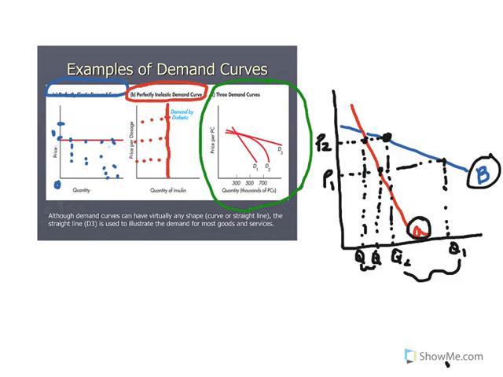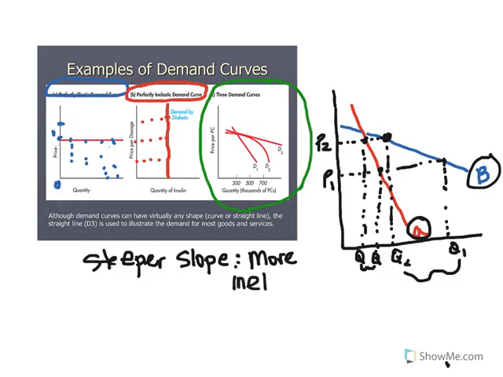So again, just looking at the slope tells us relatively how elastic or inelastic the demand for a good is. If I said, comparing the demand for good A to demand for good B, which one has more elastic demand, you would say good B, because consumers were more responsive to the price increase for good B. So again, the steeper the slope, the more inelastic the demand.